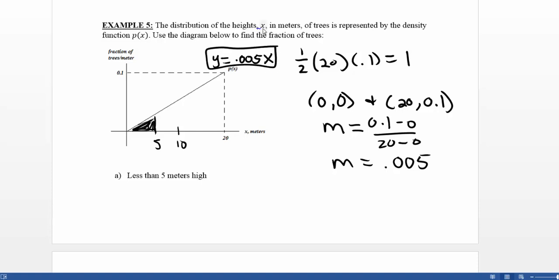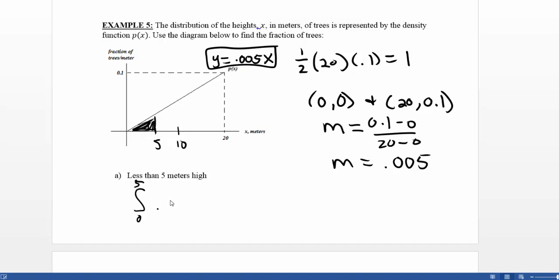That's our density function. That's what models what we're looking at. And it only exists from 0 to 20. That's where we stop. So we have a restricted domain. So if we want to know how many trees are less than 5 meters high, we can certainly use our third function of density functions and integrate from 0 to 5.